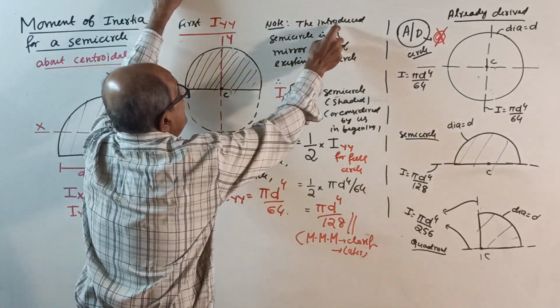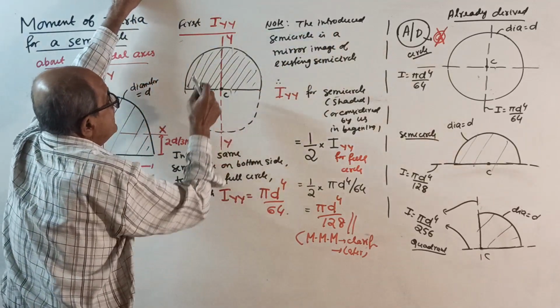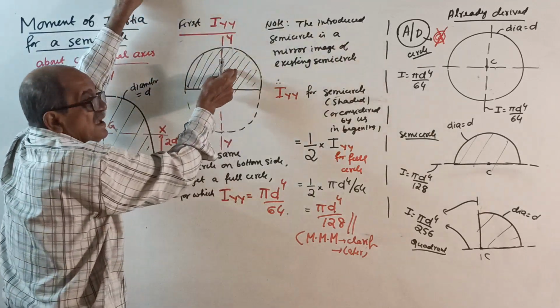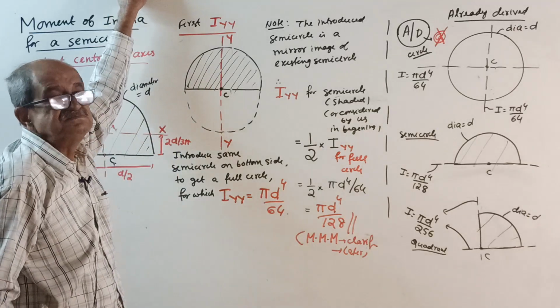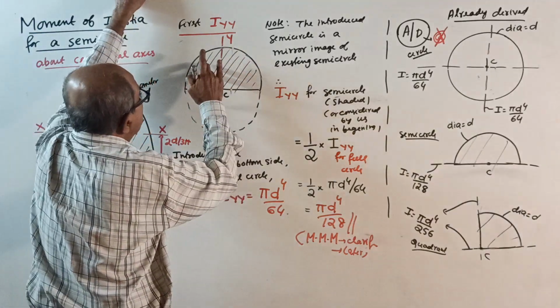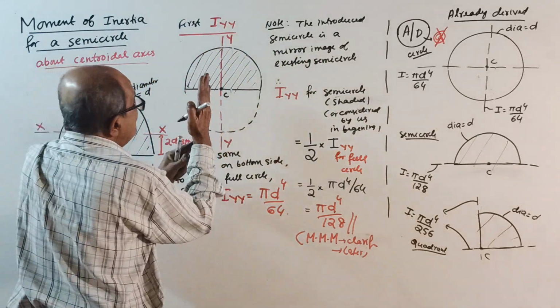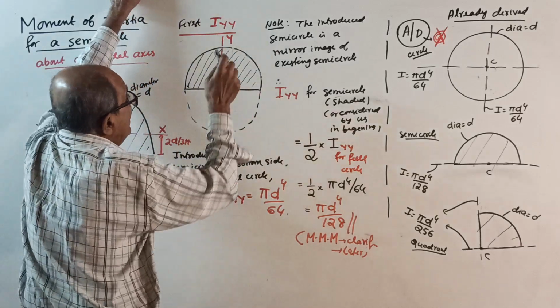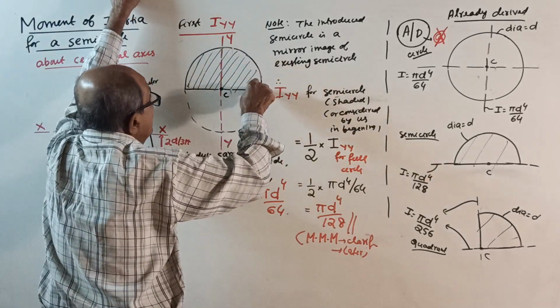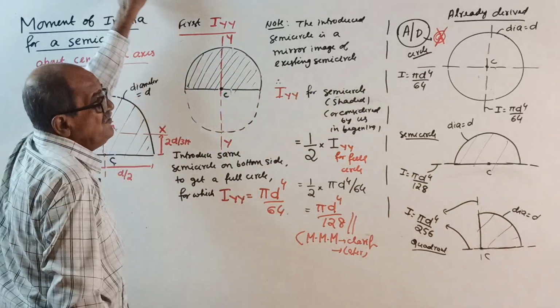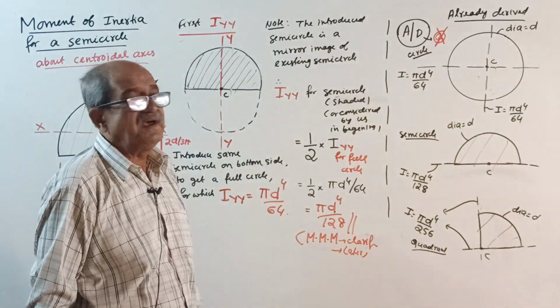The introduced semicircle is a mirror image of that semicircle. So, I about this semicircle plus I about this semicircle is I for a circle.